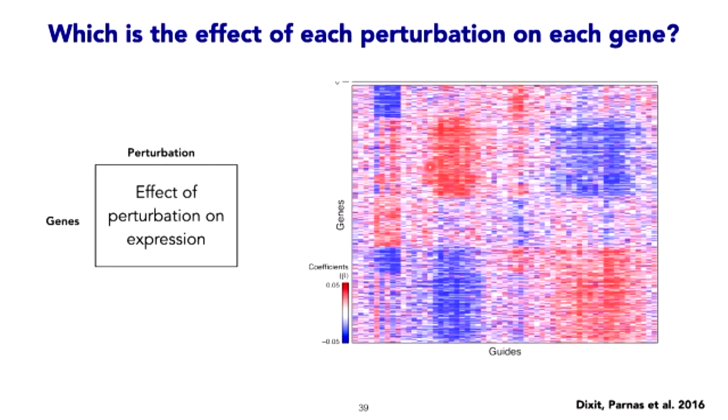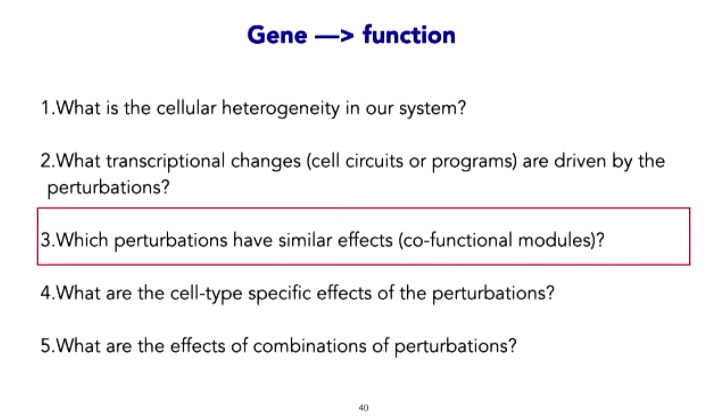The red color implies that the gene expression increased on perturbation, and the blue color implies that the gene expression reduced on perturbation. So this way, we know at a high level what the effect of each perturbation was on each gene. But you can also start seeing that there are some patterns. There are some guides which seem to affect genes in a similar way, which brings us to our next question.